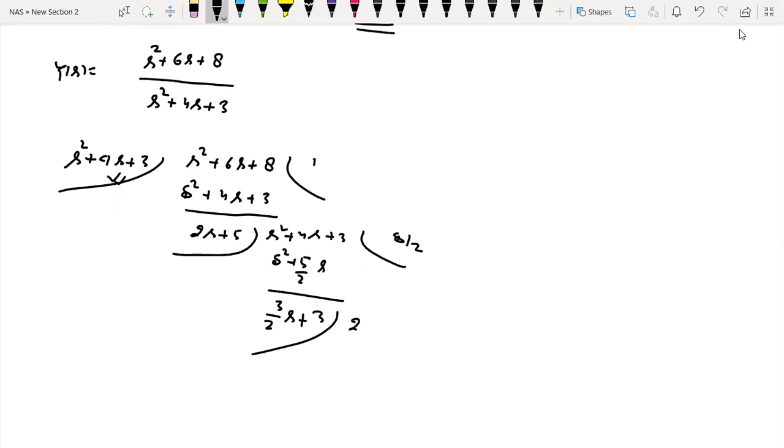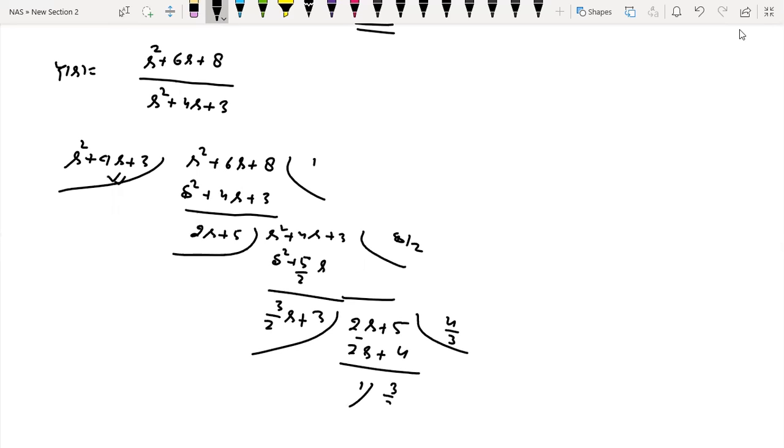And the remainder function is again 2S plus 5. Now divide this term. So this is 4 by 3, a constant. So this is 2S plus 4 by 3 times 3, so this is 12 by 3, that is 4. So the remaining is 1.